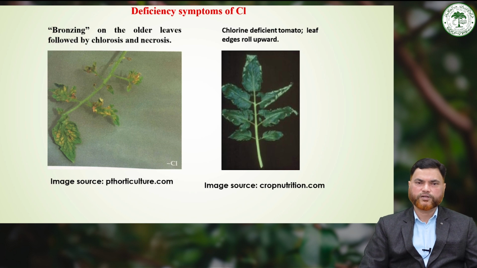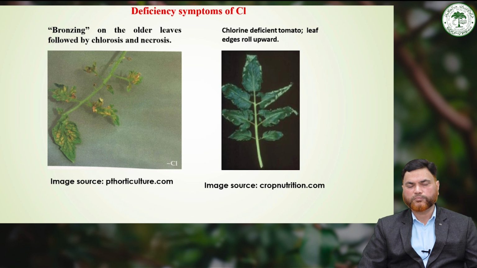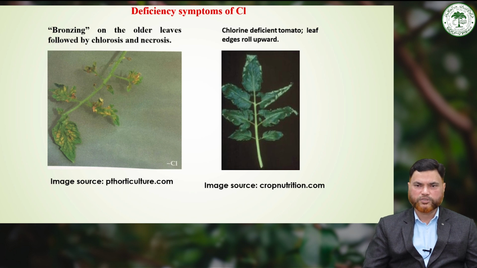Now, what are the specific deficiency symptoms induced by chloride in plants? Plants deficient in chlorine, whose leaf you see on the slide, have leaves that are chlorotic and necrotic, and severe deficiency could lead to curling of the youngest leaves followed by shriveling and necrosis.